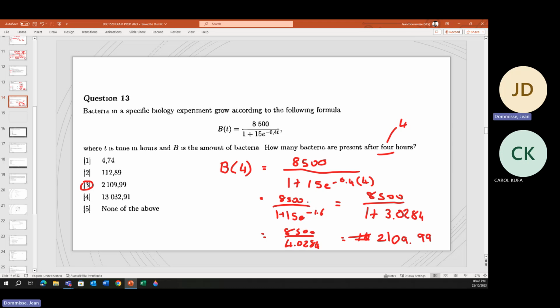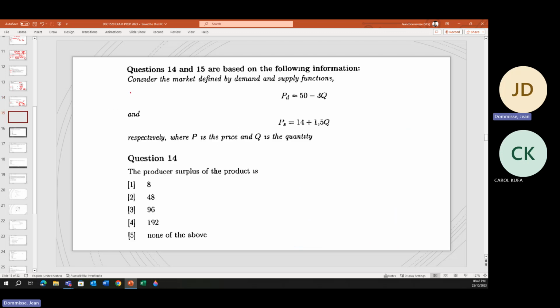Okay, so we've still got 18 minutes, so let's go on to the next one. Questions 14 and 15 are based on this demand and supply function. In here, they tell us we need to work out the producer's surplus of the product.